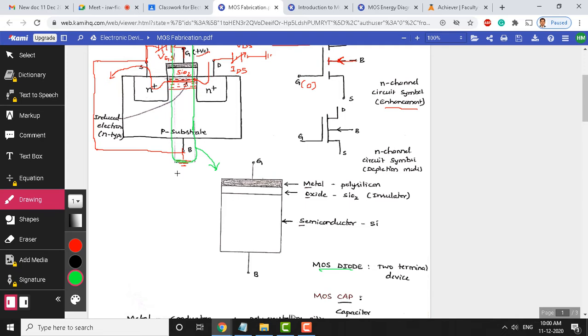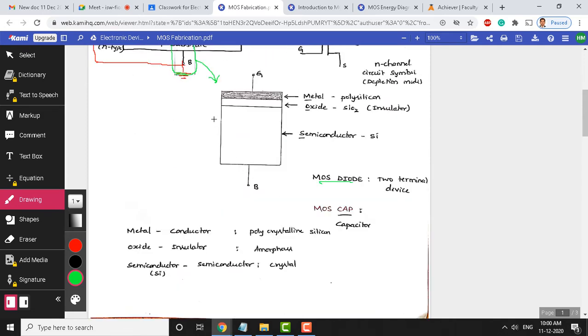When we ignore other regions, the device looks like this. Within this there is a metal region, which is of polysilicon type, and there is an oxide layer, silicon dioxide, which is the best insulator among the available insulators. And there is a substrate here, which in our case is a P type substrate.